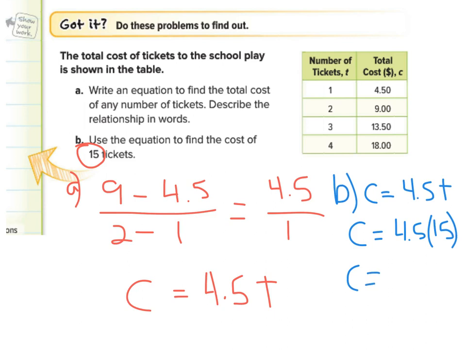I'm trying to do this in my head. I get 67.5, therefore $67.50 for 15 tickets. Okay, next example.